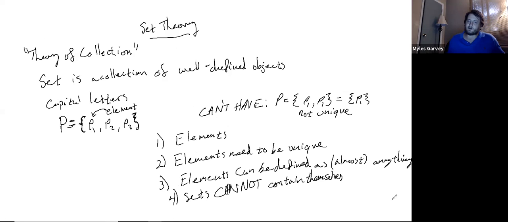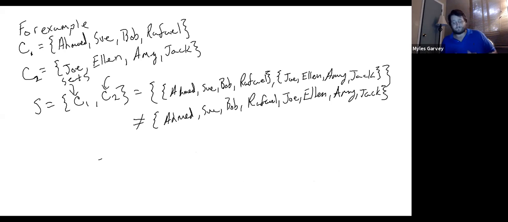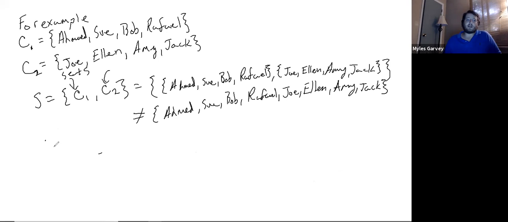Believe it or not, this was a very big problem that a mathematician who invented a lot of this stuff by the name of Cantor ran into. Cantor basically said that sets can contain anything, maybe even including themselves. But then another gentleman by the name of Russell said, well, no, they can't.